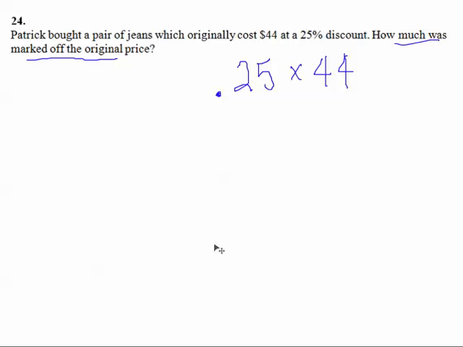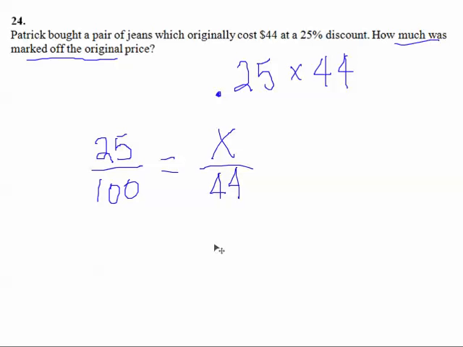We could also say, and I remember doing this in a demo video for you, that 25% is 25 out of 100. So if we're trying to do 25%, we want to know what's 25% of 44. So our total is 44, and we want to know what percent would that be.